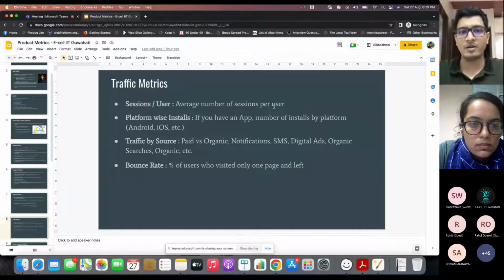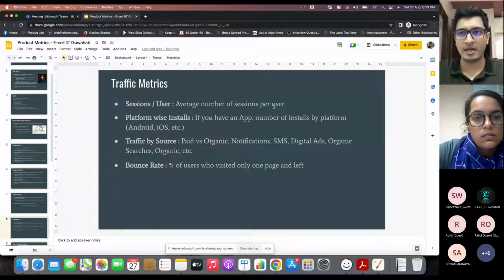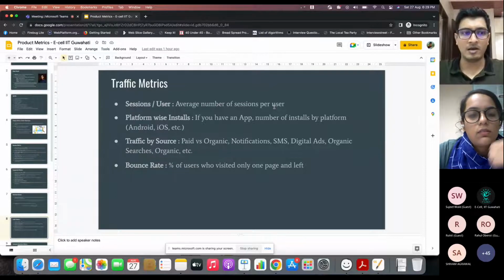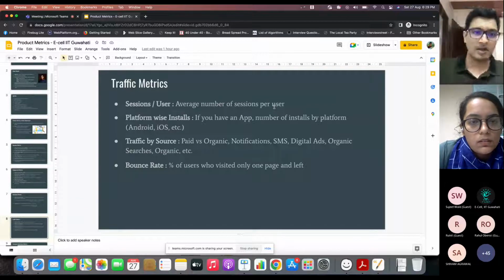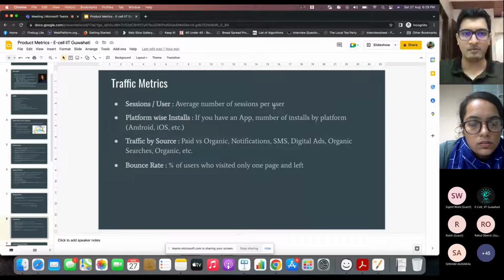So the average number of sessions per user: how many times on average are they coming to your platform for a session? A session is typically defined as a 90-minute window. So if a user comes after a 90-minute window, a new session is typically generated, across platforms. But the definition of the duration may vary from company to company, right?